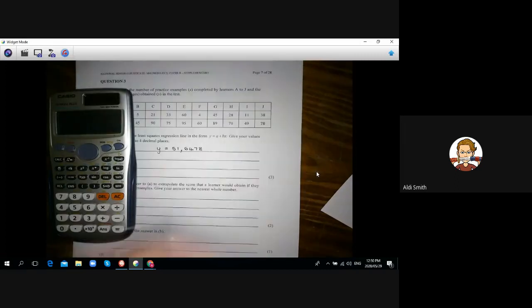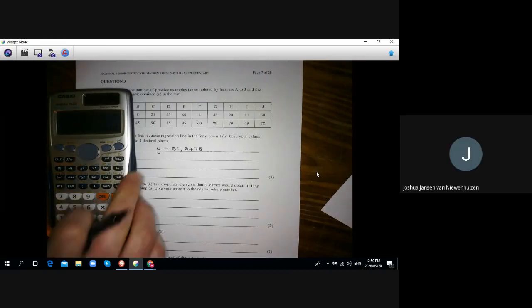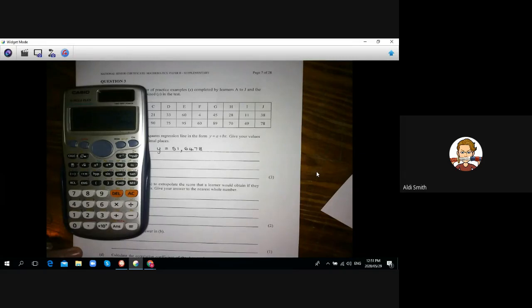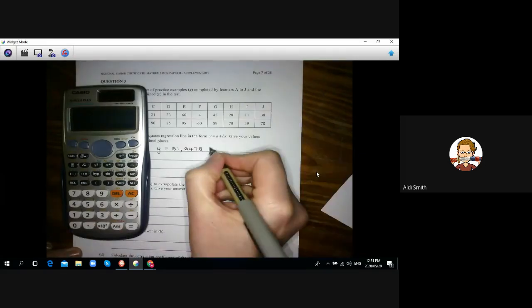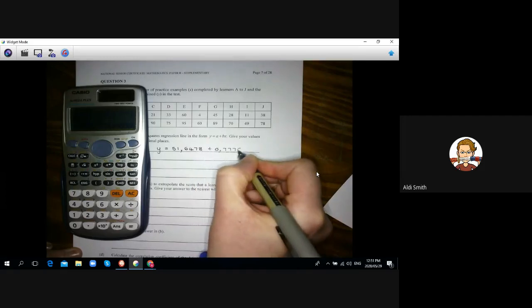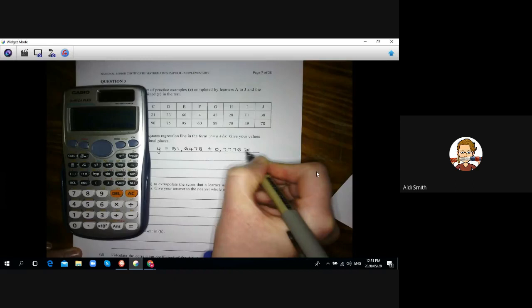Did anybody follow along? Did anybody get the same value there for A? Yes, ma'am. Excellent. Then we press that AC button, we go Shift, Stat, and then we press 5, regression, and we press 2 for B, and we get plus 0.7776x. Please don't forget that X.